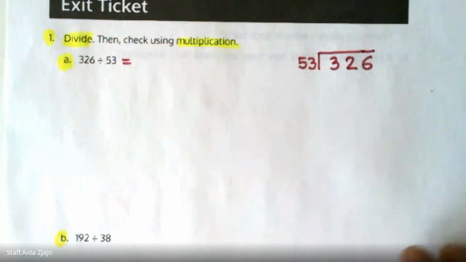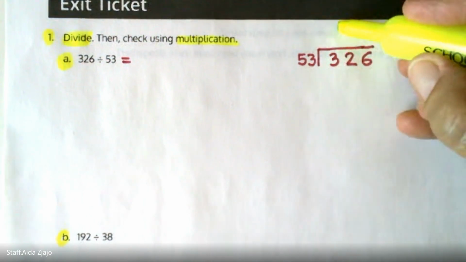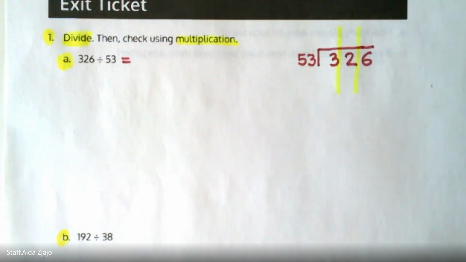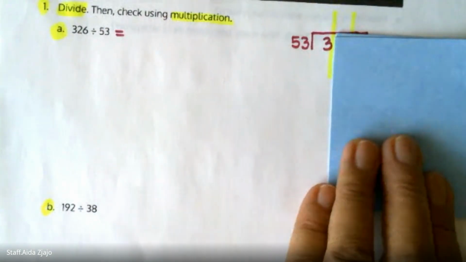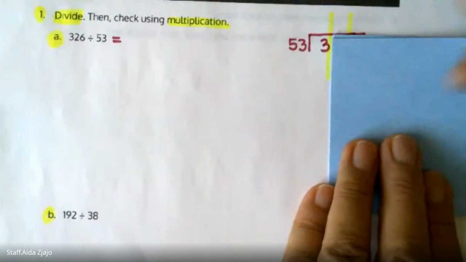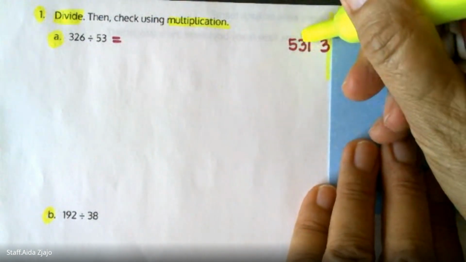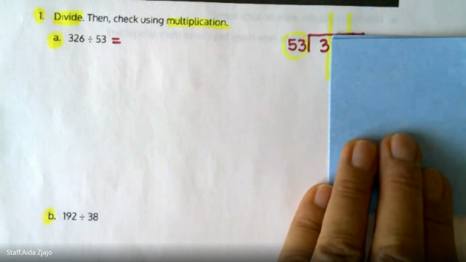If I use standard algorithm thinking, I follow the procedure. If I have 3, can I make a group of 53? I can't. I'll go one number at a time.